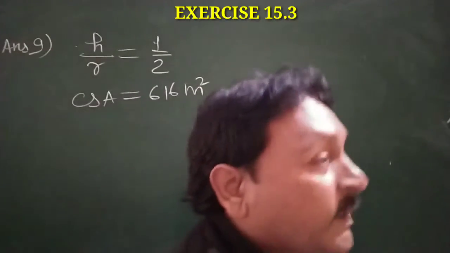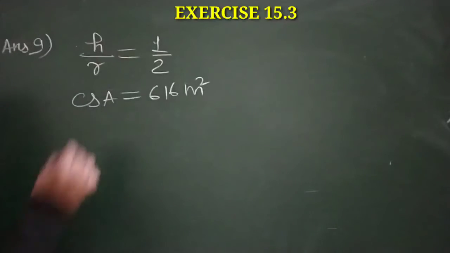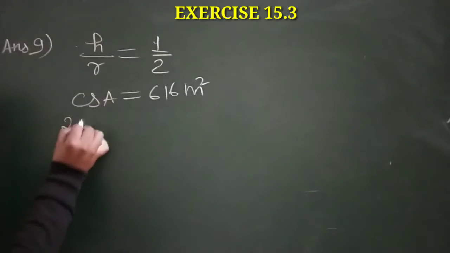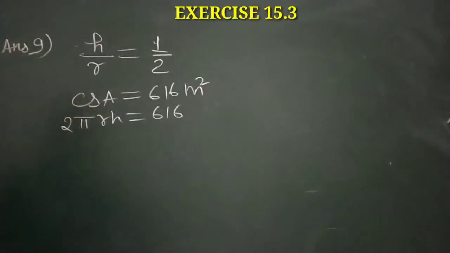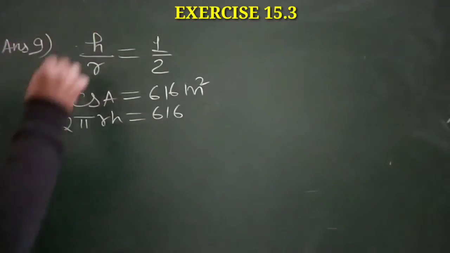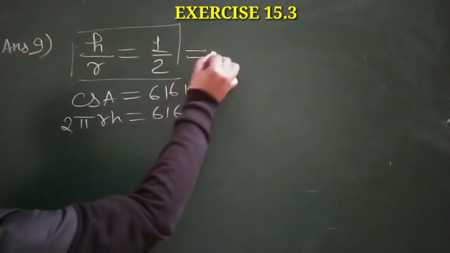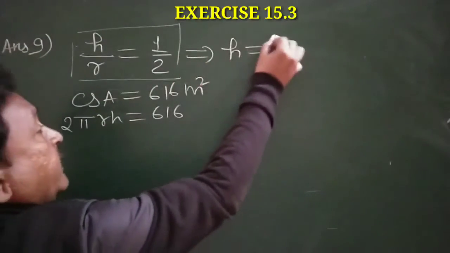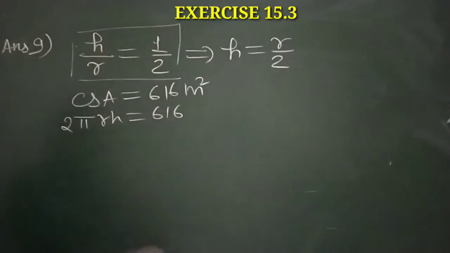So for finding the diameter, first of all we have to find the radius. We all know the formula of CSA: 2 pi RH is equal to 616. Actually we need the radius, we don't have to calculate height. From the given ratio I will find the value of H in terms of R. I can transpose it to the right hand side, so in place of H I can substitute R upon 2.